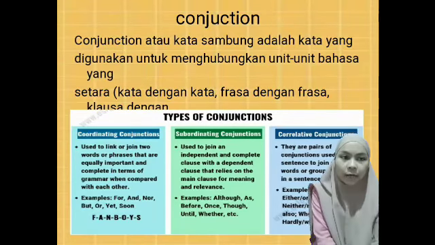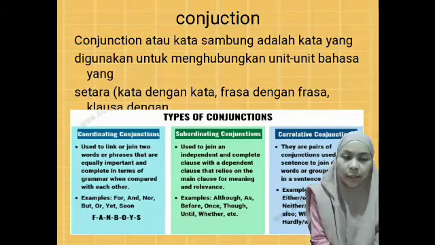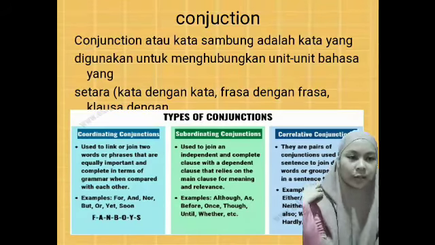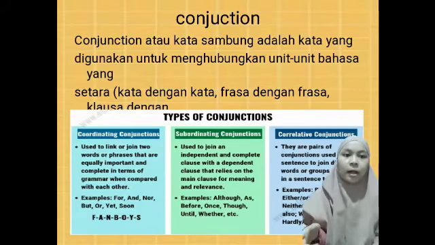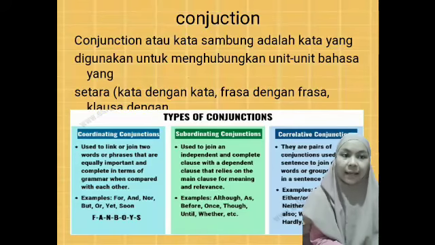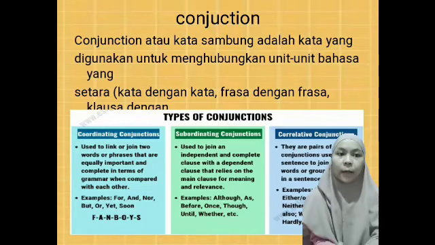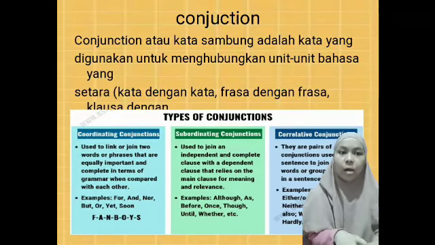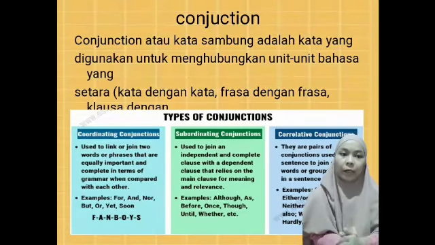So there are some types of conjunction. The first is coordinating conjunction. This is used to link or join two words or phrases that are equally important and complete in terms of grammar when compared with each other.